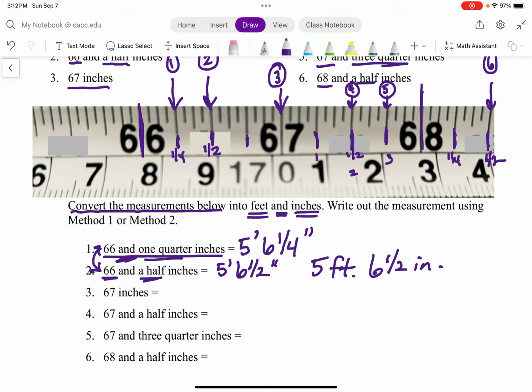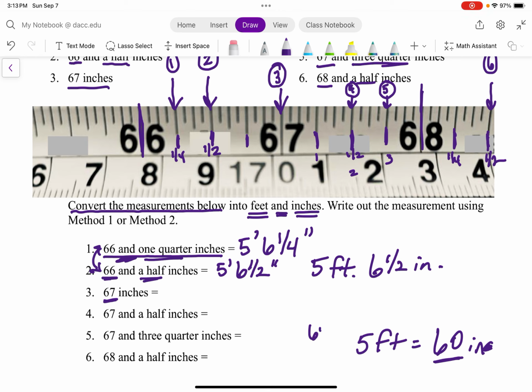So hopefully by now you've realized, and you've probably memorized this, that 5 feet is actually 60 inches. Okay, 60 inches so far. So 67 inches. Okay, if we know that 5 feet is 60 inches, we could come over here and be like, oh, we've got 67 inches.